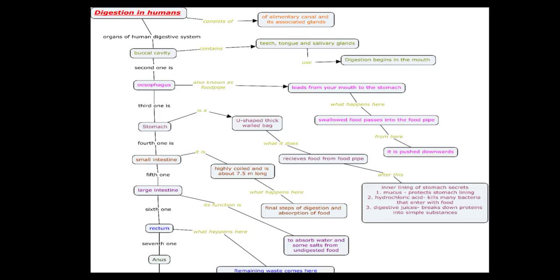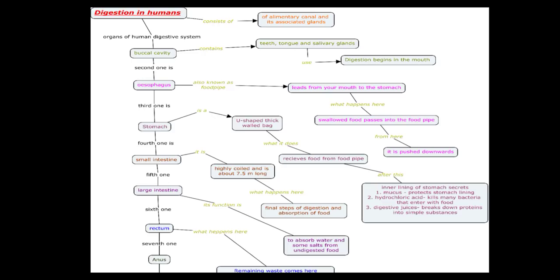Now let us have a look at the different organs of the digestive system. The first is the buccal cavity or mouth. So what does it contain? It contains teeth, tongue and salivary glands. So what is the use? The digestion begins in the mouth.